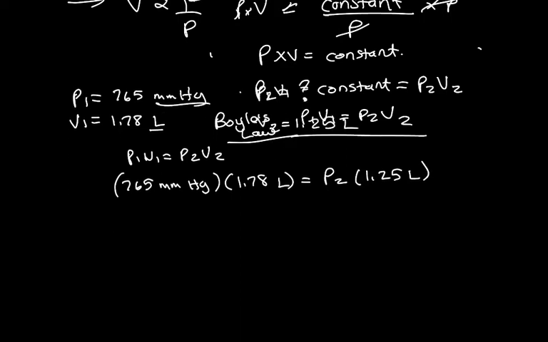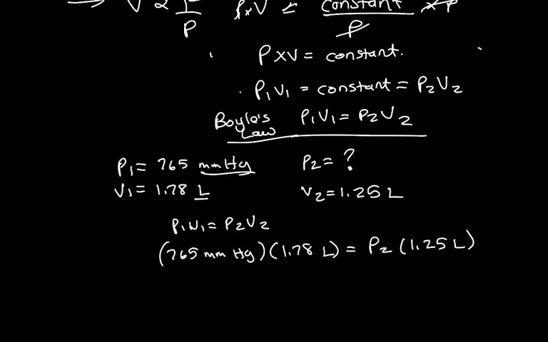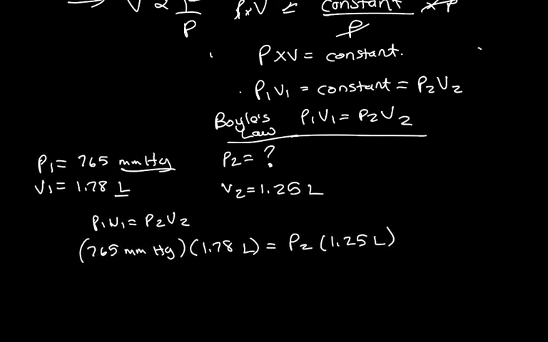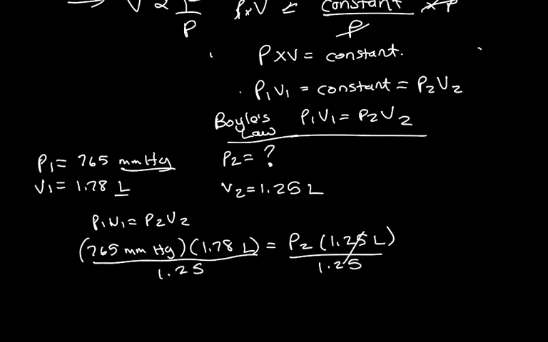And we can solve this algebraically, right? I guess I ran out of space. So to solve this algebraically, I just have to divide both sides by 1.25. And so I end up with P2. Now, what is going to be the units of P2? Notice my liters cancel, and I'm left with millimeters of mercury. So my units should be in millimeters of mercury.